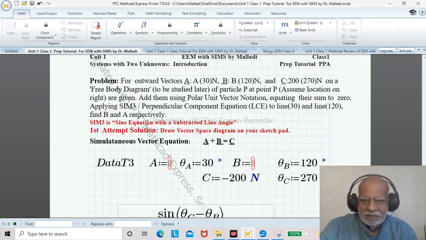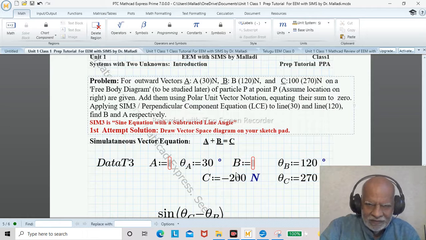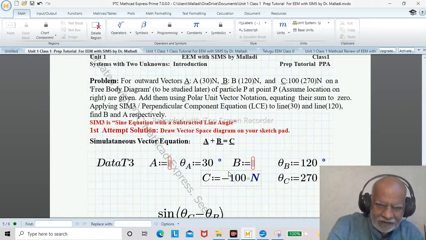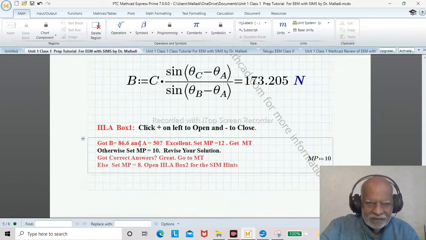So let me change it a little bit here. So this is 100, let us say 100, and then C becomes 100. Then the answers are, now the A for 50, B is 86. So I change the thing here. I'm going to change it later on.